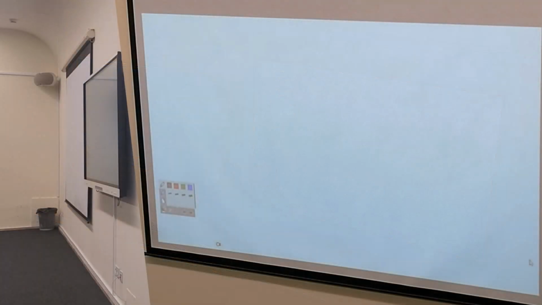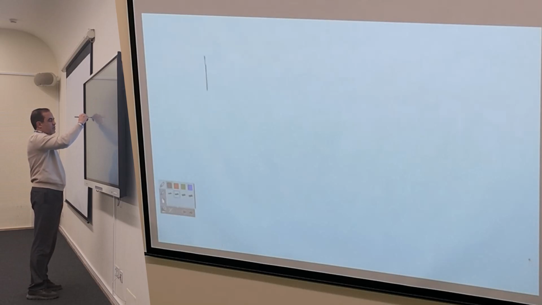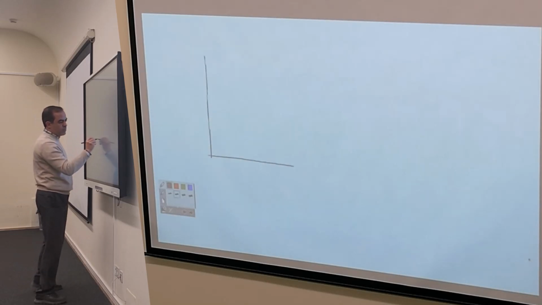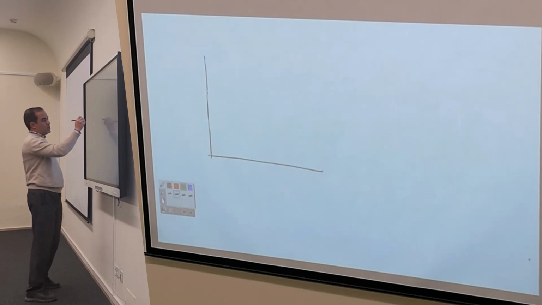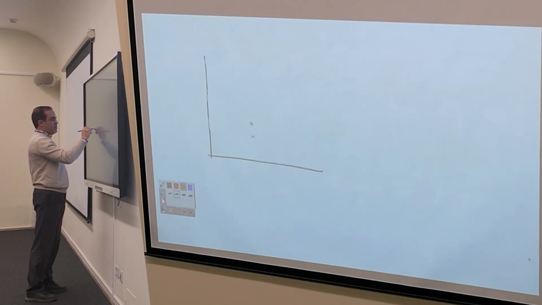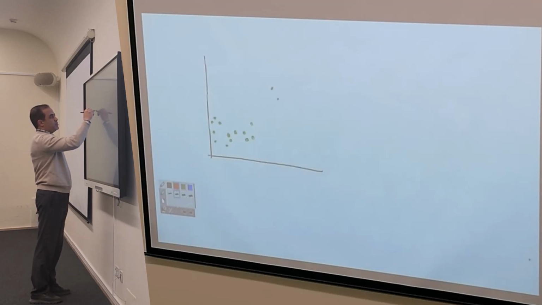In this classification problem, what we have is basically some points that we can have here. Imagine that they are the green points. And we have these red points here.